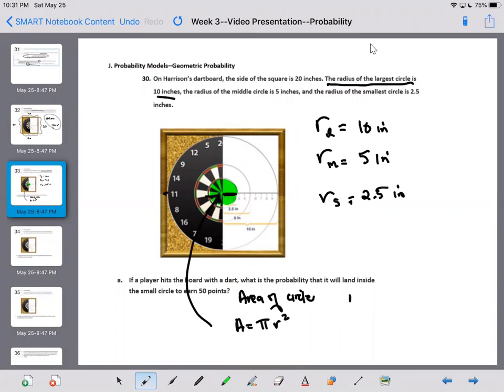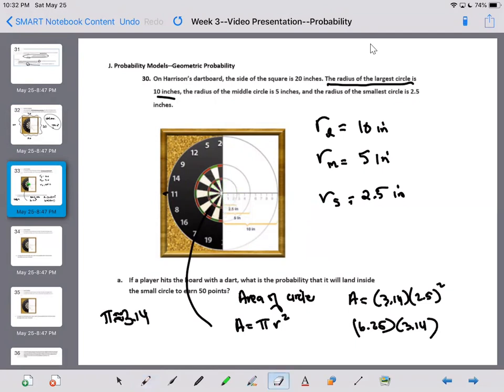We approximate pi to be 3.14. So 3.14 multiplied by 2.5 squared. 2.5 times 2.5 is 6.25, and you multiply that by 3.14. That gives you the area of what I've circled and colored in green.